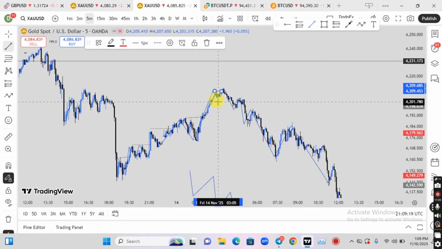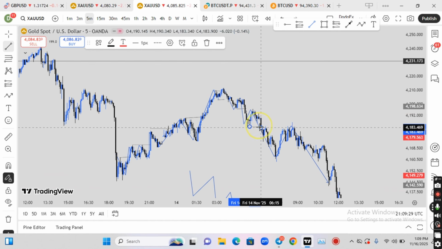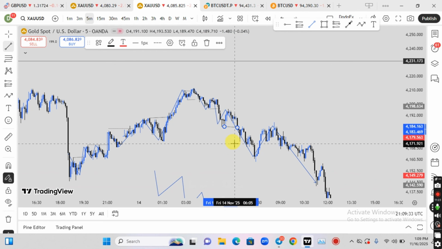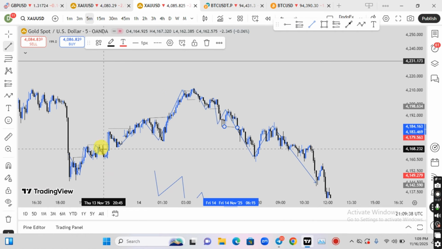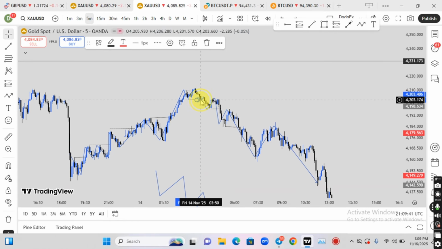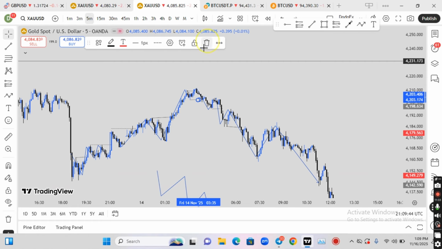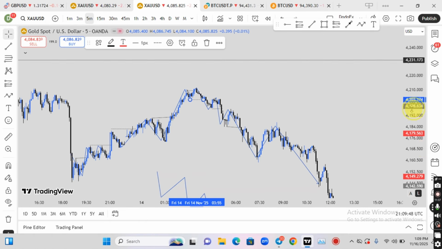Then you notice price breaks these zones here, before it started forming this break of structure here. Are you noticing what I'm doing here? So that's what it means. As price broke this level, as price broke this zone, it changed character.